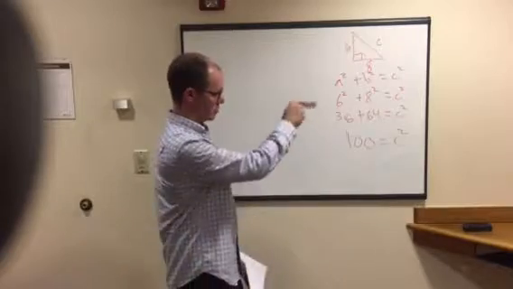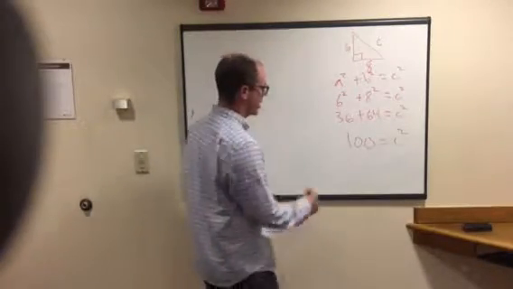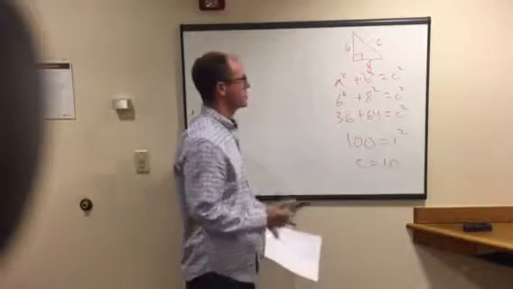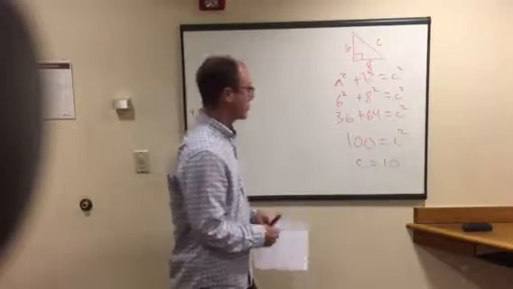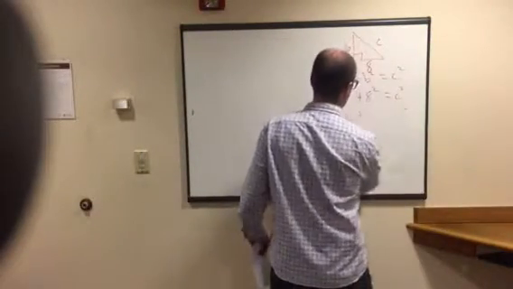And then we just have to square root each side, so we get rid of the c squared and it just becomes c. And the square root of 100 is 10. We have c equals 10. Okay, that's the first one. That's really all there is to it.